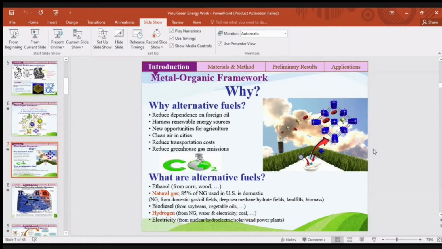Here we can see the example: ethanol from corn and wood. If you take natural gas, 85% of the natural gas used in the US is domestic, from domestic gas or oil fields, deep sea methane hydrate fields, landfills, and biomass. Then biodiesel from soya beans and vegetable oils.